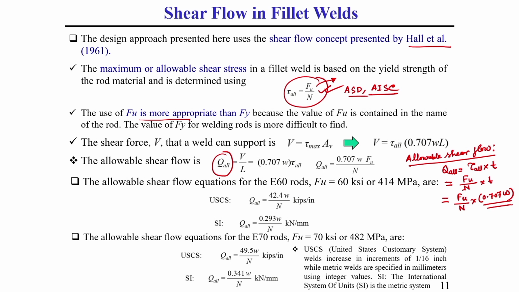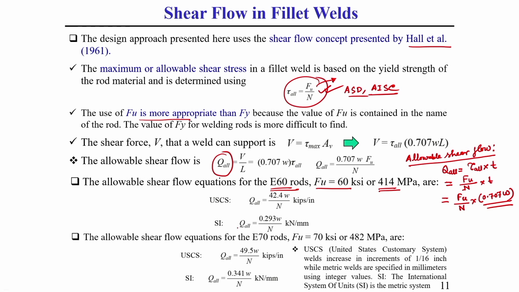Now, for two different cases, I am just showing an example for the E60 electrode, where the Fu value is 60 ksi or 414 MPa.